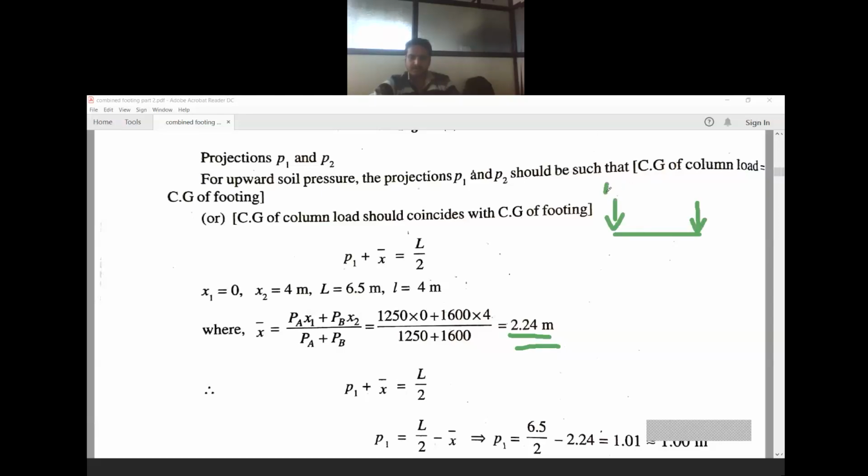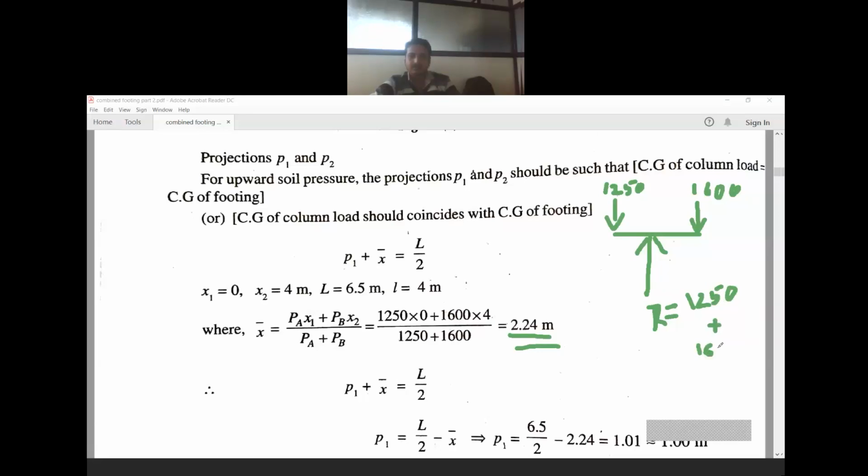So this is 1250. This is the resultant R. Okay, this is 1600. The value of the resultant will be 1250 plus 1600.